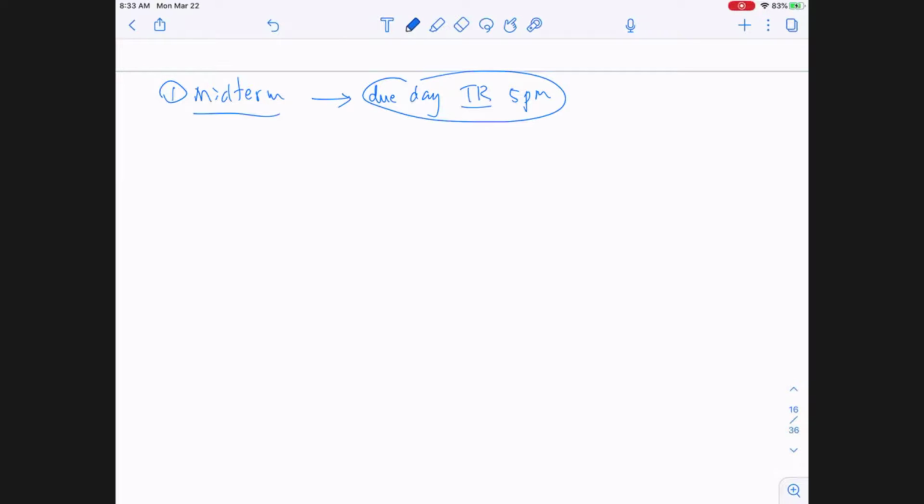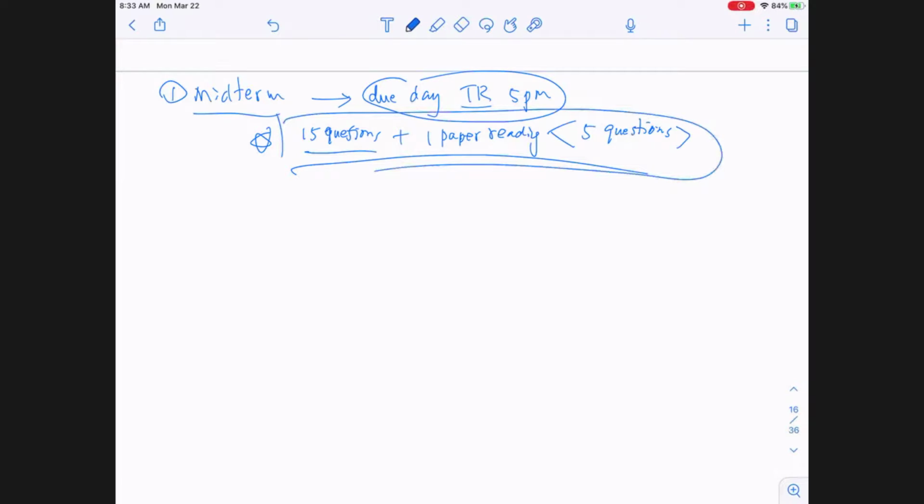So we have around 15 general questions plus one paper reading, and there are around 5 questions. So the total is around 20 questions. Maybe more, because I need to double check. Maybe I will remove some questions, or add 1 or 2 more. But generally it is like this.